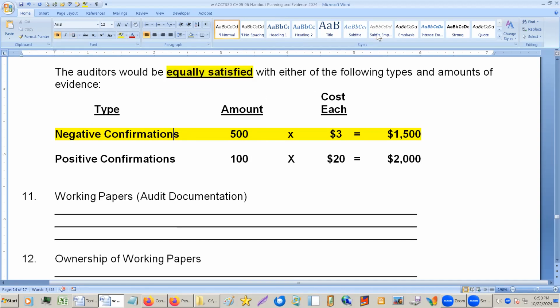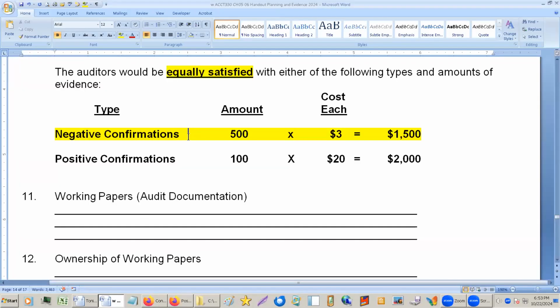Someone says, why don't you just get the best evidence for everything? Because it's more expensive. The way an audit is set up is you have your costs and then you add some profit onto it. And it's also to the benefit of your client not to choose the most expensive evidence and pass that cost on to them.